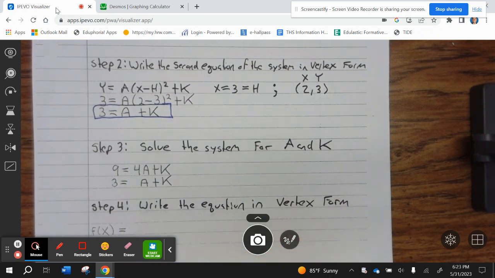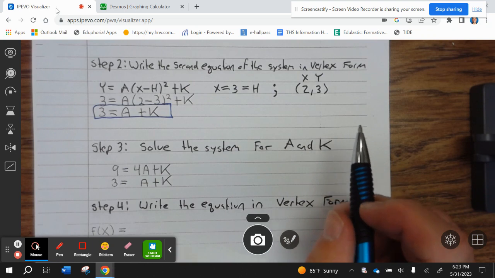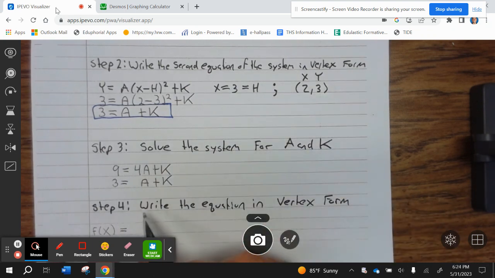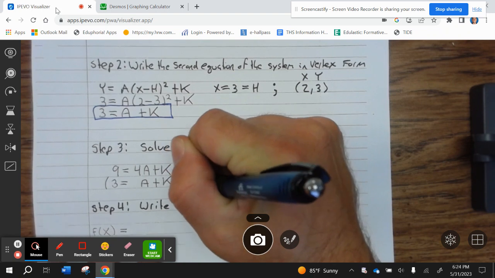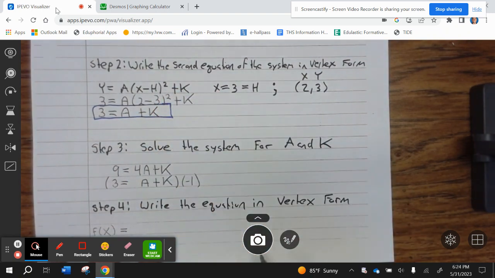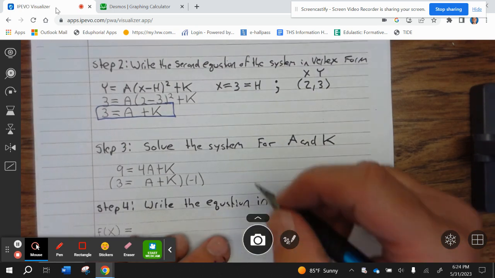Now, it looks like elimination is probably our best bet. If we multiply this equation by -1, the k's will eliminate, and we can solve for a. So let's do that, okay?